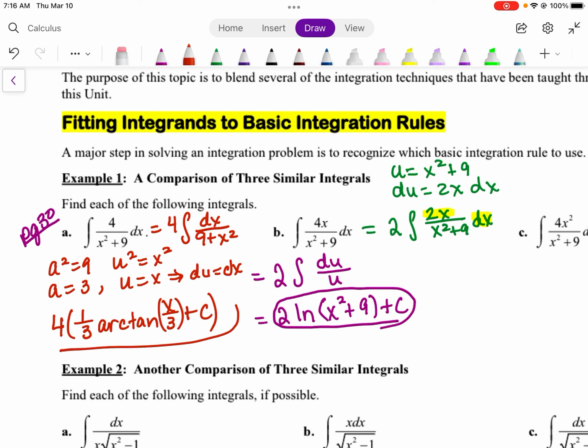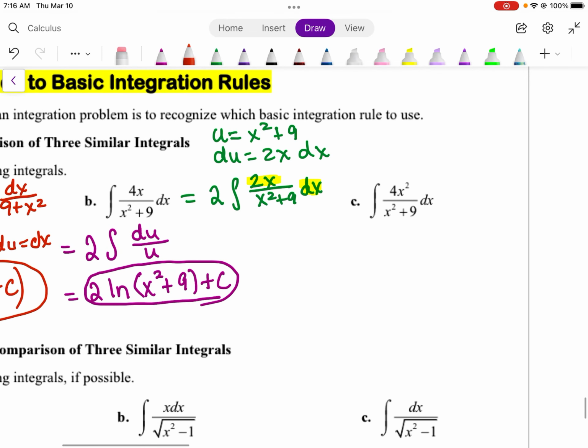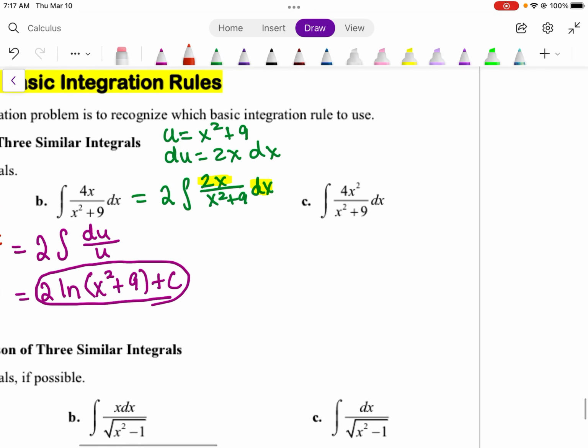Part C, I think you saw some of these in your last skill builder that you were doing for lesson 410, where we have to do long division to start. Now, I know I alluded in class that when your numerator's degree is higher than the denominator, you will need to do long division. You can also do long division, as you saw in your skill builder, when the powers are exactly the same, when the degrees are the same.